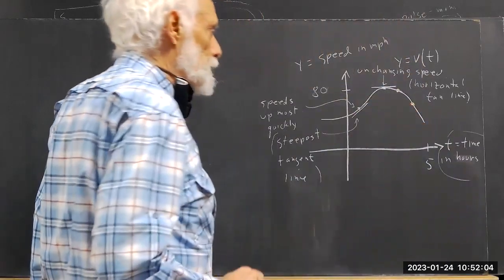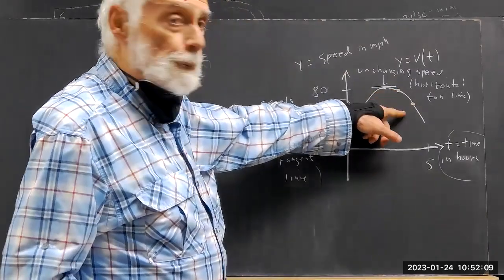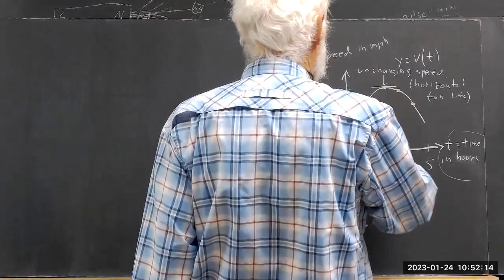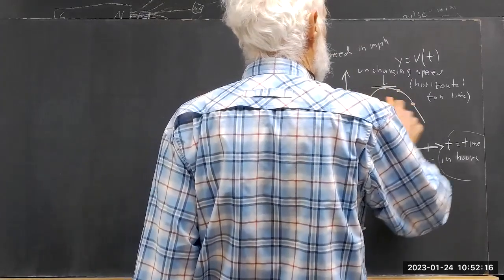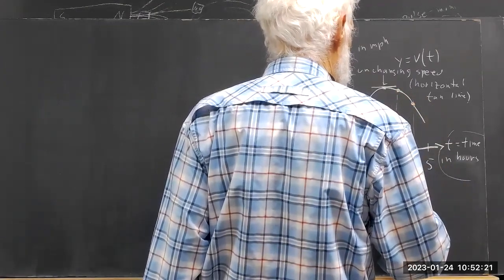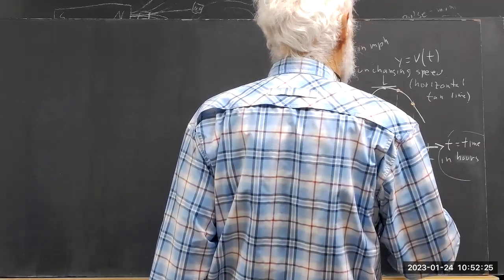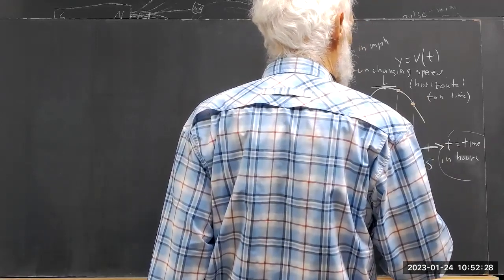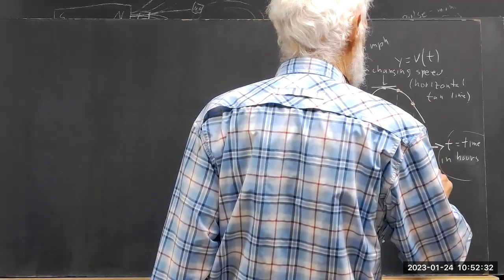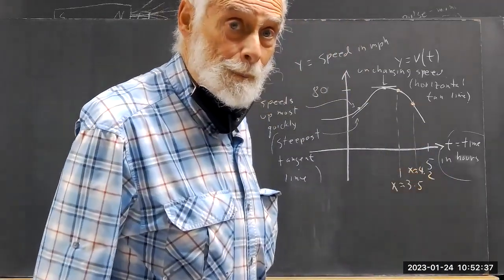Okay, is your speed changing? Is it increasing or decreasing between this point and this point? Well, it's decreasing now, this one. You understand that. Okay, so actually, about 3.5 on this line, X is about 4.2 on this line.